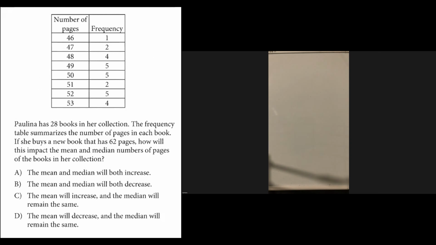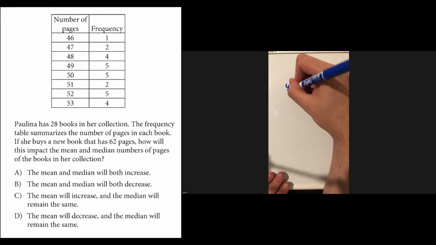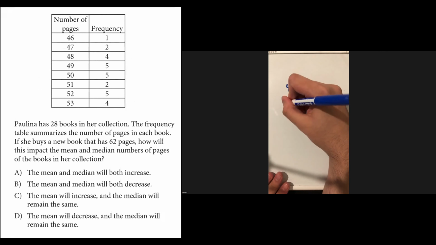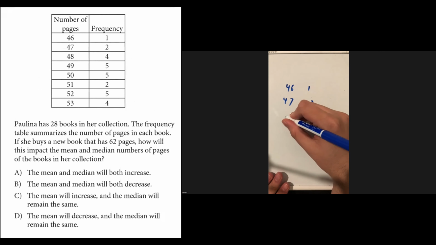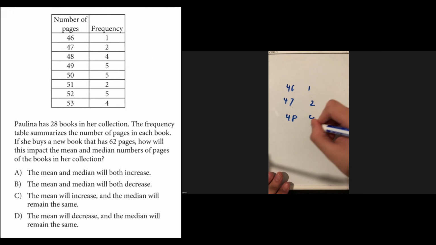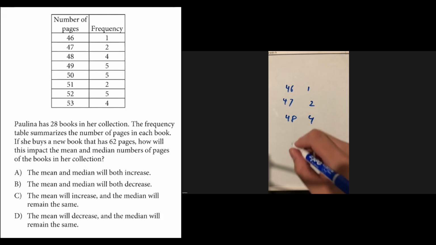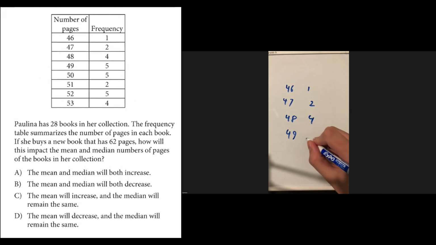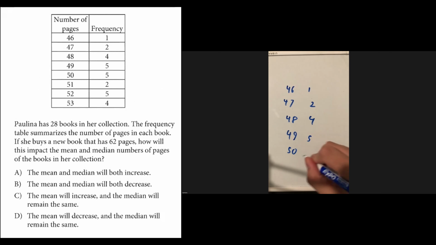So in this data set, we have 46 with a frequency of 1, 47 with a frequency of 2, 48 with a frequency of 4, etc. I'm just going to write them all down. 49, 5, 50, 5, 51, 2, 52, 5, 53, 4.